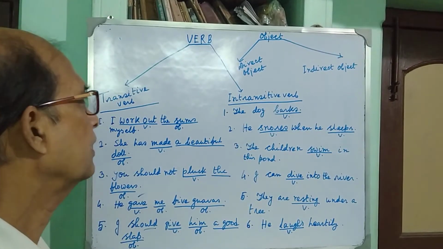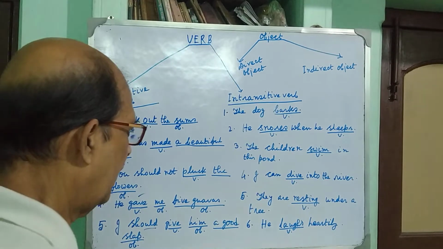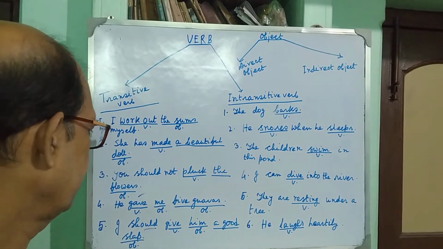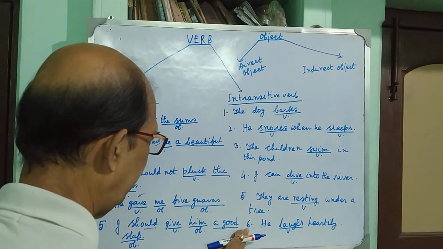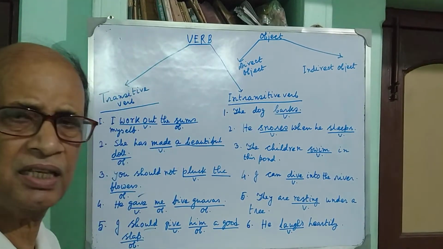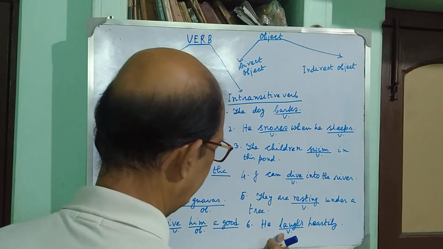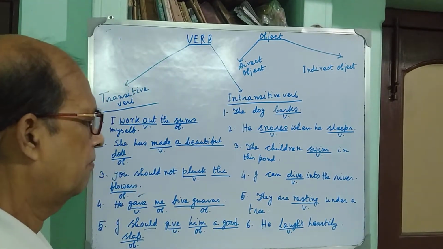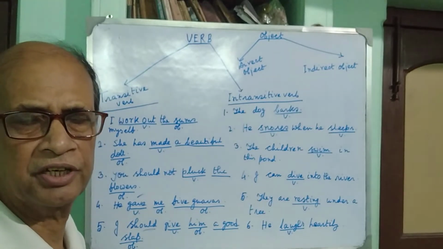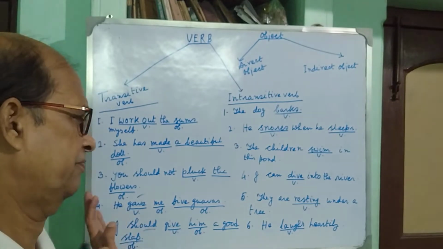So resting is an example of intransitive verb, and are is auxiliary verb. Now come to the 6th example of intransitive verb. He laughs heartily. Heartily is adverb. Laughs. Ask the finite verb laughs by what or whom? There is no answer. So it is an example of intransitive verb.